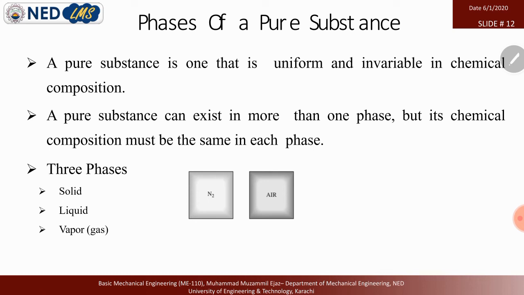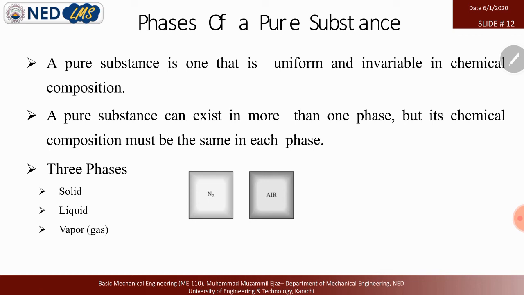For example, water is a pure substance in which the composition, whether it is in the solid phase, the liquid, or the vapor, will not react further. So we can say it's a pure substance.